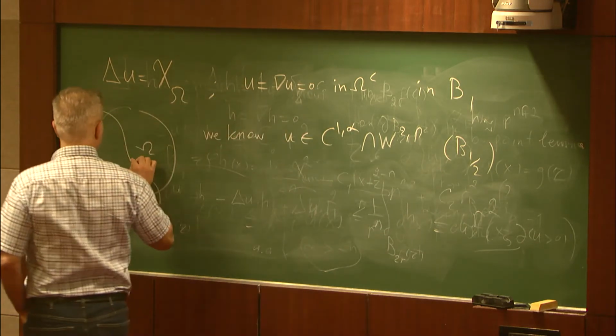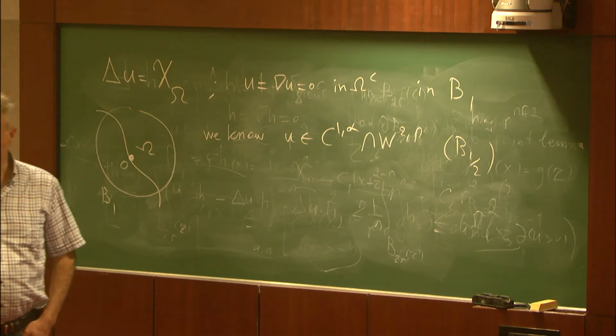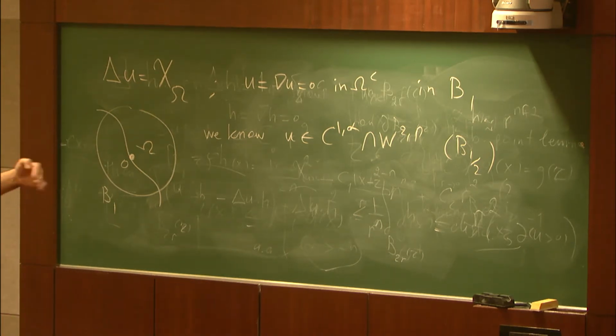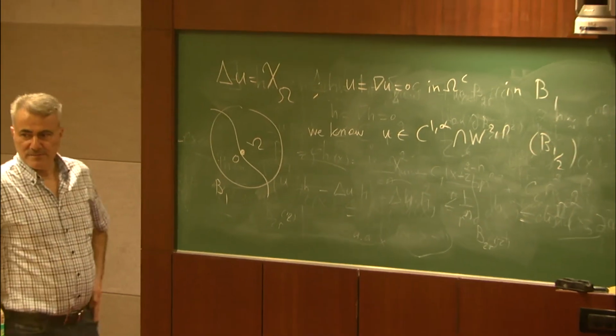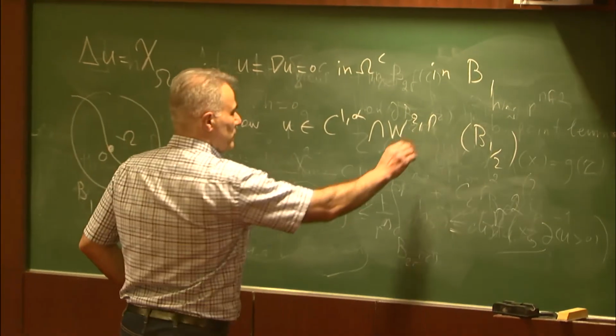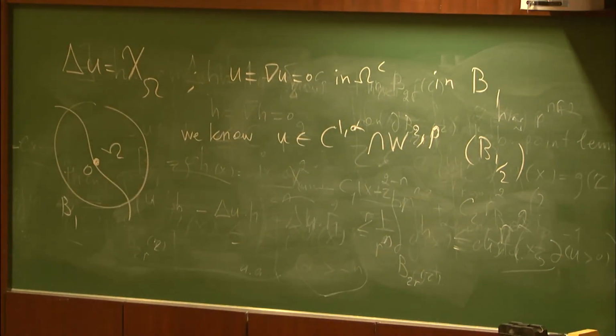And let's say this center is 0 on the boundary, the free boundary. This is just what we told you yesterday. The function is regular up to this order because it solves a nice PDE. Let's say that the PDE gives you this smoothness.